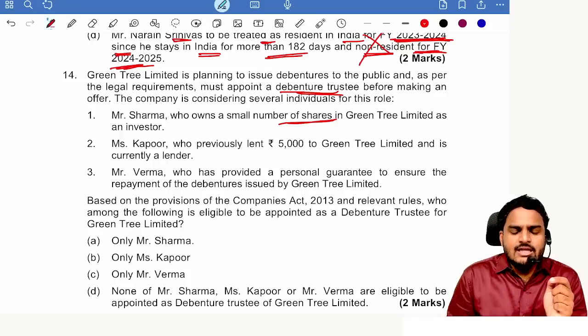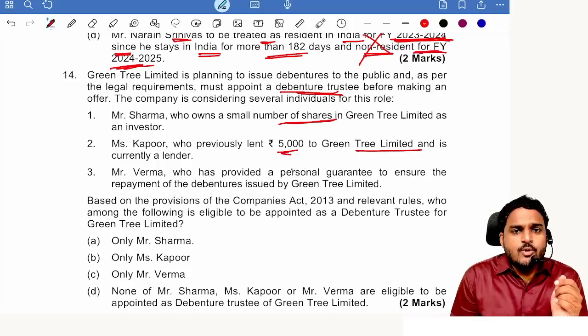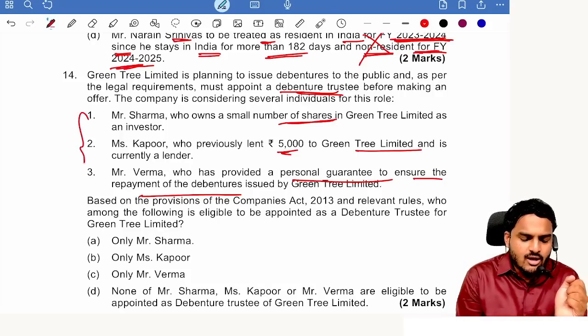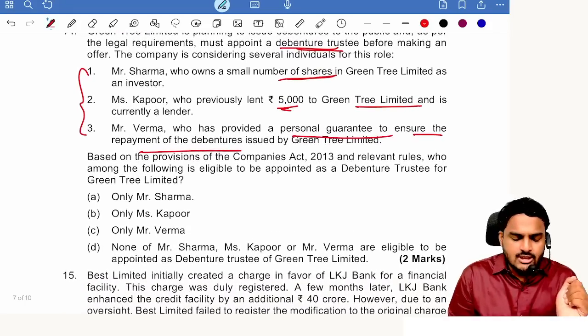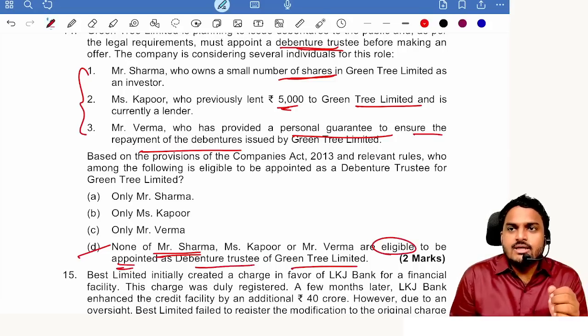Mr. Kapoor, who previously lent 5,000 rupees to Green Tree Limited, he is a creditor, disqualified. Mr. Verma, who has provided a personal guarantee to ensure repayment of debentures, surety, disqualified. That means all are disqualified. No one is eligible to act as debenture trustee. So accordingly, option D is the right answer. None of these three people are eligible to be appointed as trustee of Green Tree Limited.